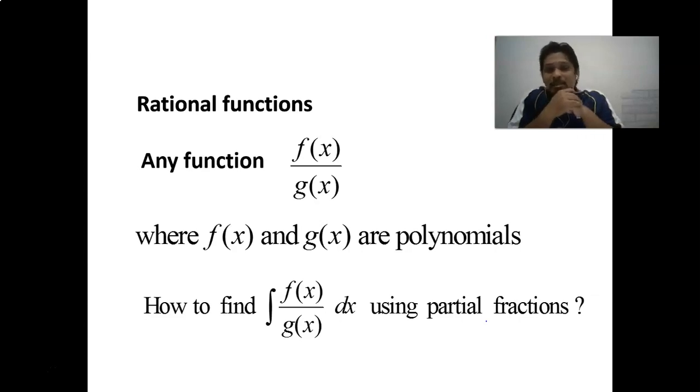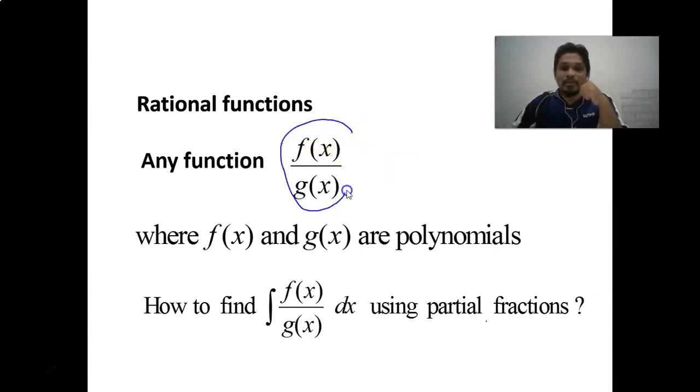In chapter 6, we looked into polynomials, and this one, a ratio of polynomials f(x) divided by g(x), can look like this: x squared minus 1 divided by x cubed plus 2x plus 5, where the degree of x in the numerator is less than the degree of x in the denominator.